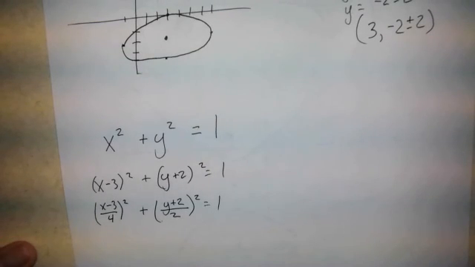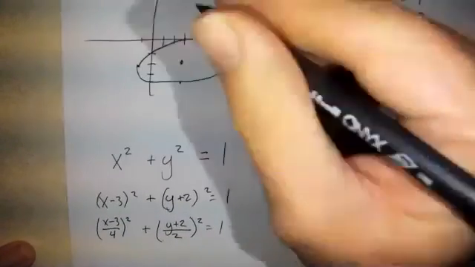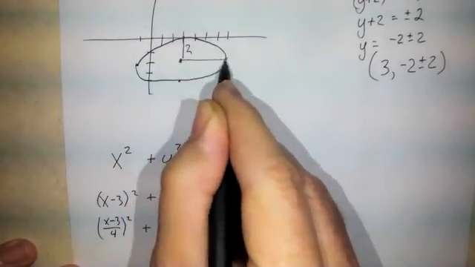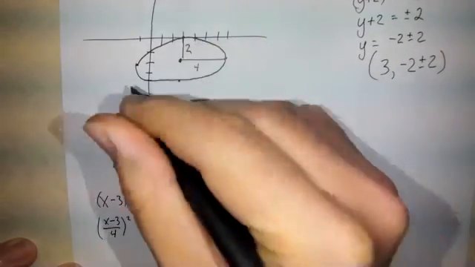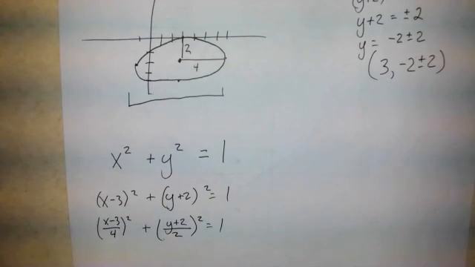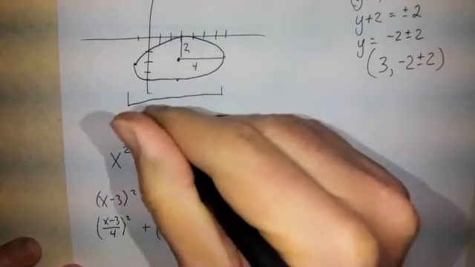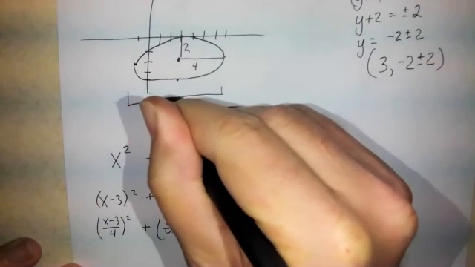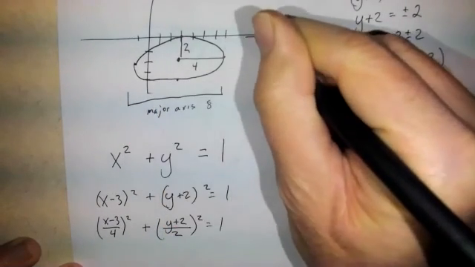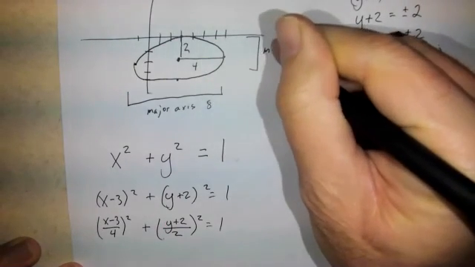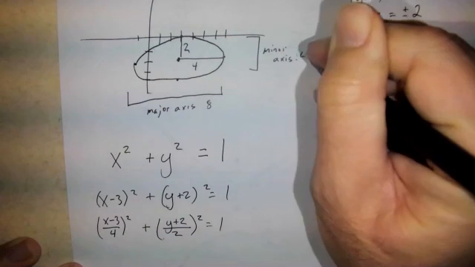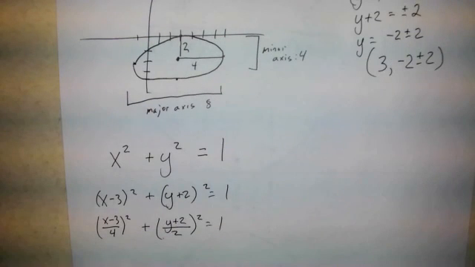So changing that vertical radius to 2. And there is that vertical radius of 2. There's that horizontal radius of 4, making my major axis, which is analogous to a horizontal diameter, major axis of 8, and my minor axis is 4. Okay, there it is.